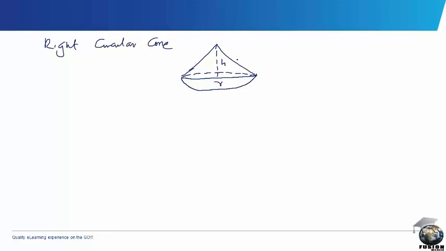Then I denote this as H, L, and L. Okay, so we can obtain the area of the curved surface to be equal to pi RL.